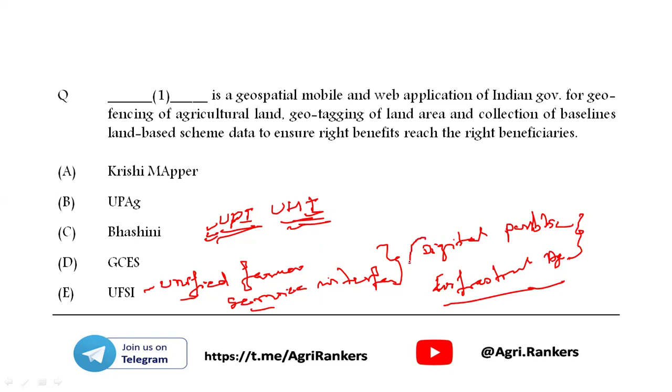So this is a very important scheme. Digital public infrastructure is a very important topic, and we will be discussing it. You will face questions regarding that also. At that time we will discuss all the facets of this. So moving on to the next question.